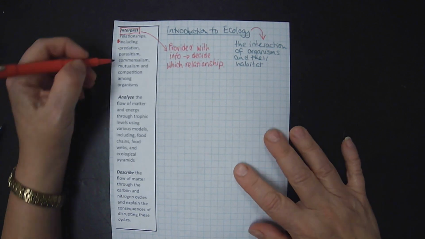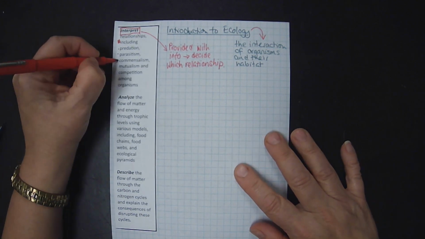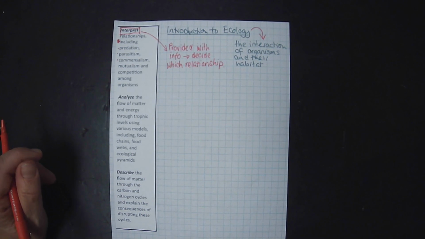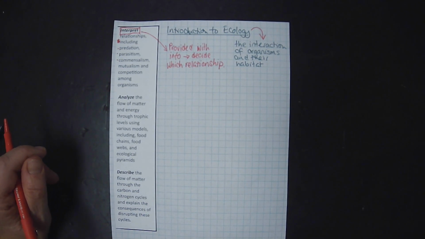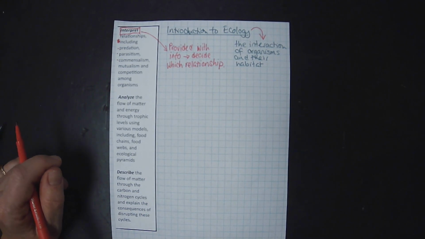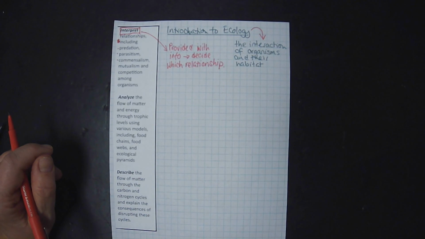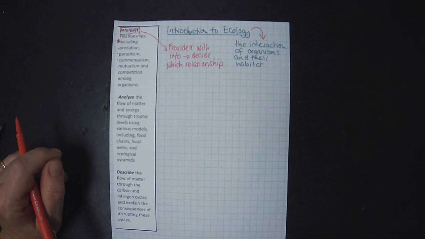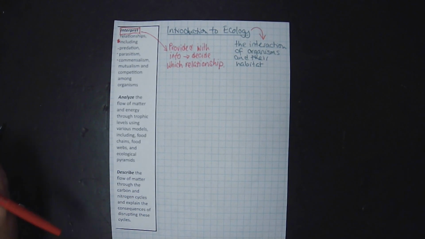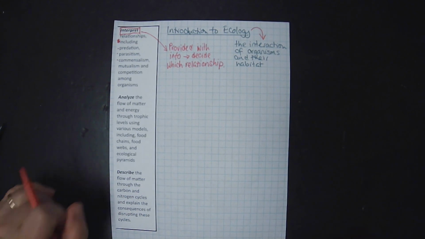Commensalism, the one we see all the time, is if you look out in any pasture where you see cattle, you'll see those white birds. Contrary to popular belief, those white birds are not picking ticks and bugs off the cows. But as the cattle walk through the pasture, they stir up the grass, and that stirs up bugs, and the birds catch all the bugs from the air around them.